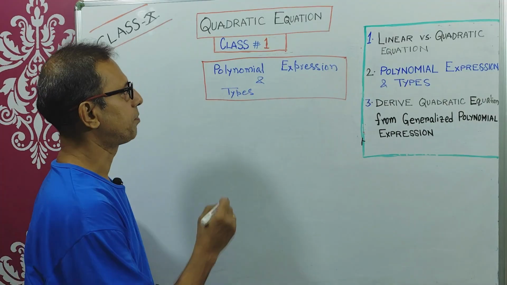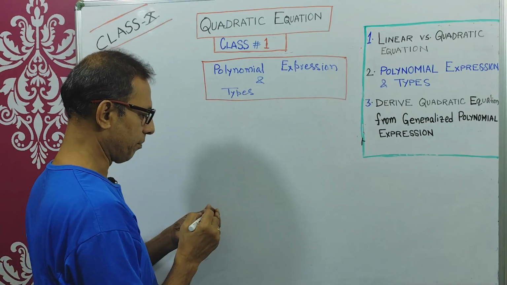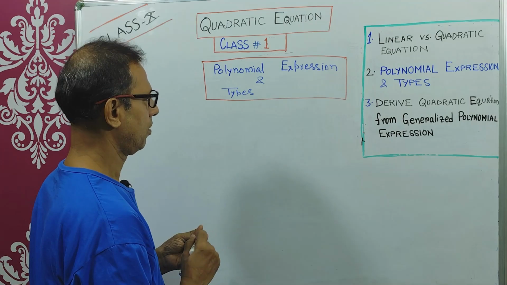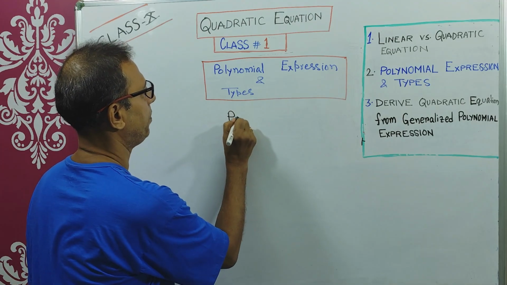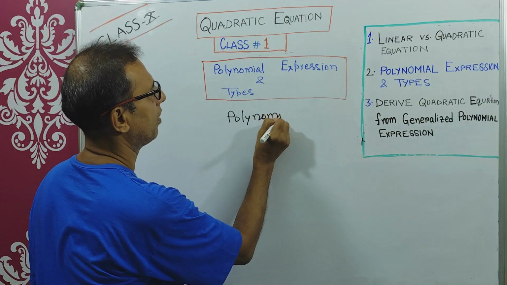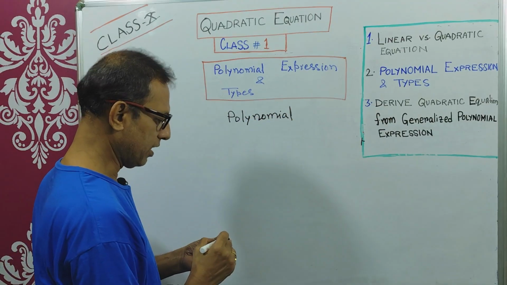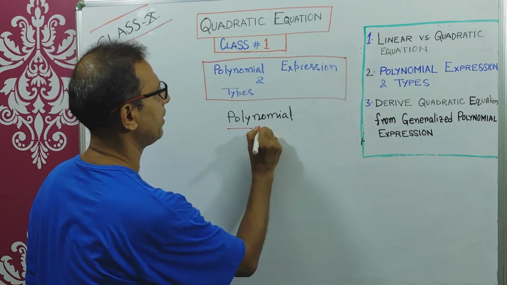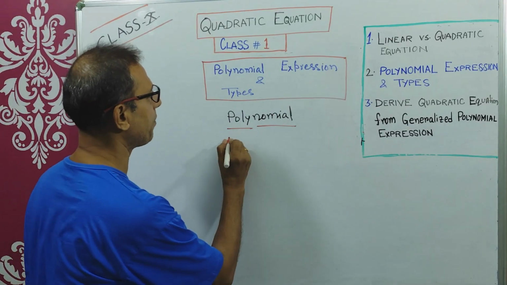What is polynomial expression? First understand the term. Poly, P-O-L-Y, polynomial. This part, poly, means multiple, and nomial means terms, multiple terms.